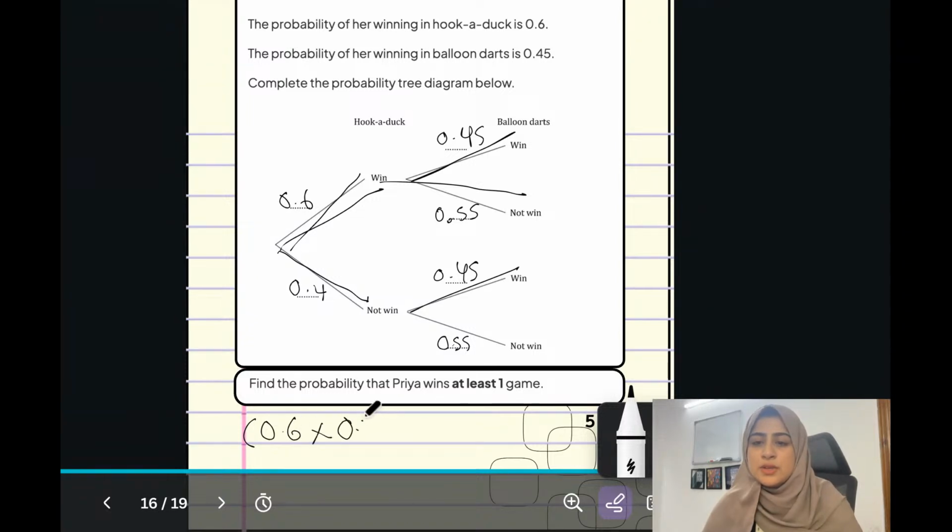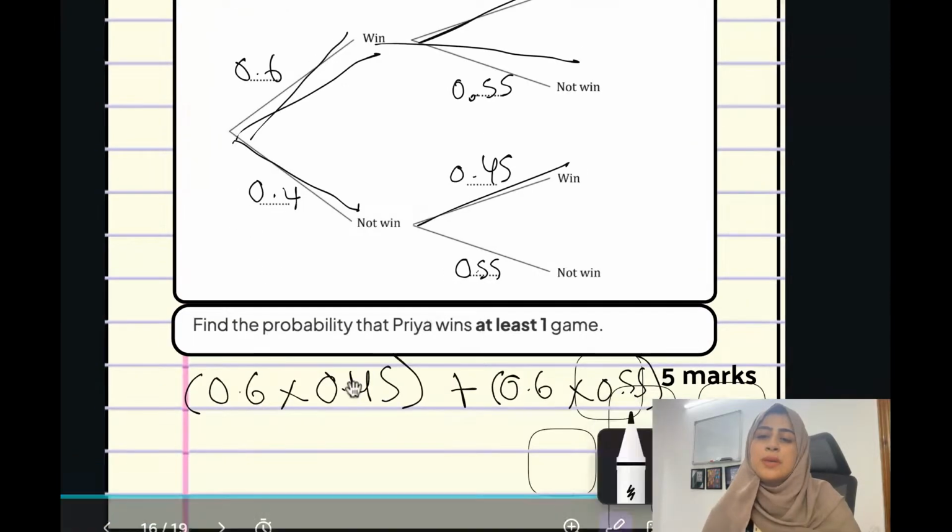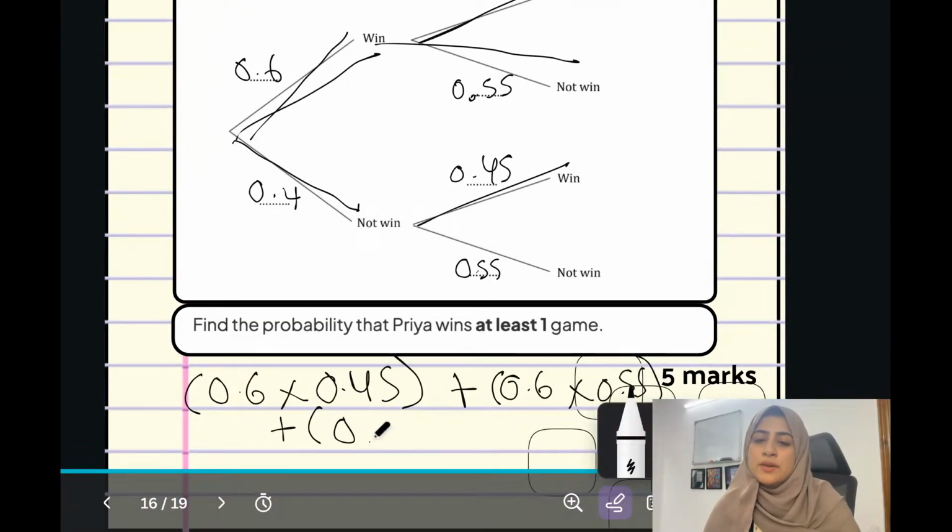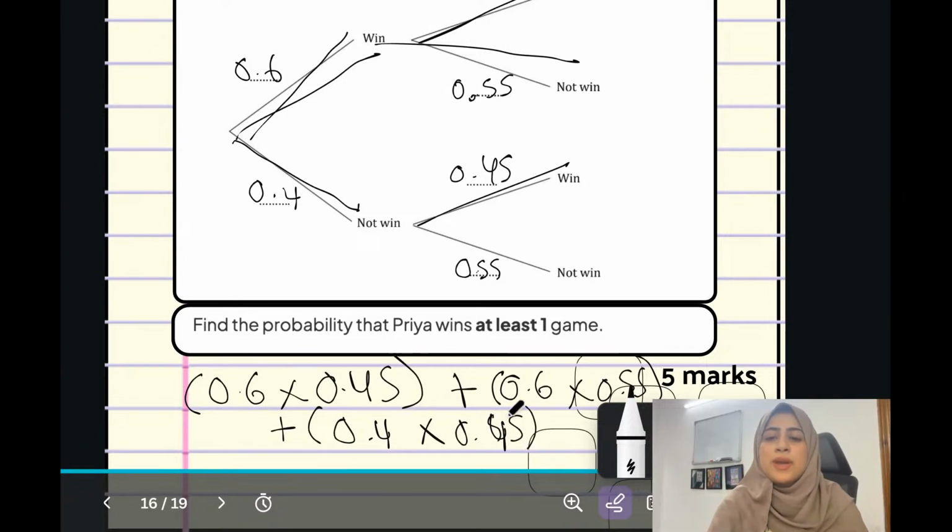So 0.6 times 0.45, that's one way. Yeah, that's if you win hook a duck and win balloon darts. The next is if you do 0.6 times 0.55. So it could be win hook a duck and not win balloon darts. So it could be this or this. Or for the third part, it could be that you could not win the hook a duck, but win the balloon darts. So these are the three ways you could do it.